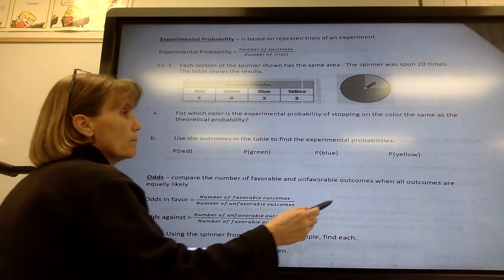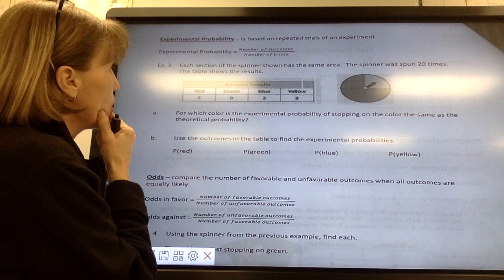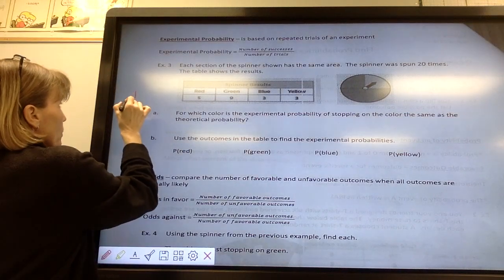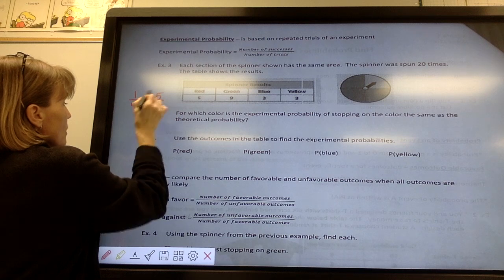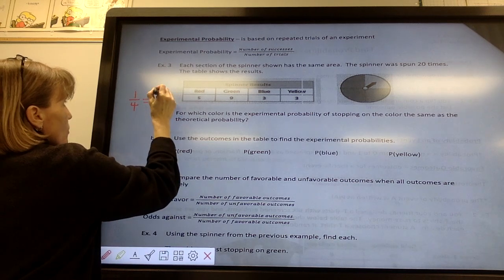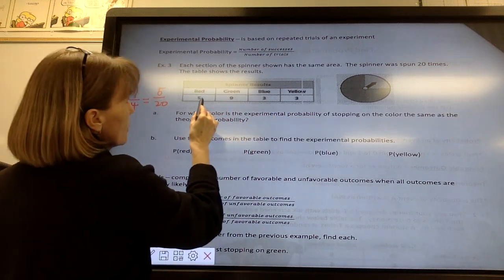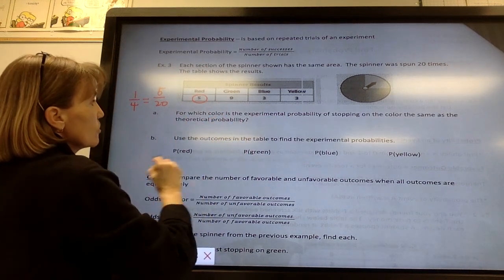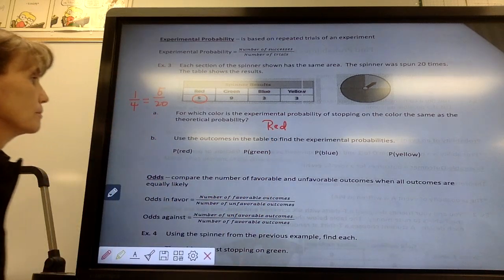So I should have a 1 in 4 chance for each color, which would be the same if I spun it 20 times. That would be 5 out of 20 times I would get that color. Okay, so which one actually met those results? I would say red. Red actually met the results.